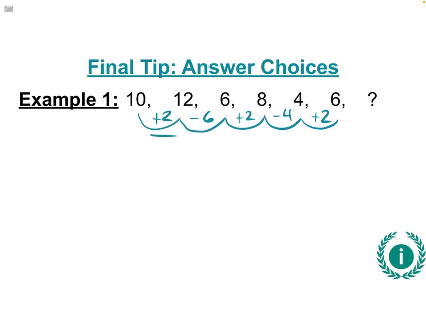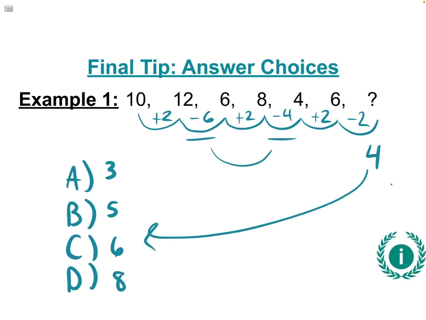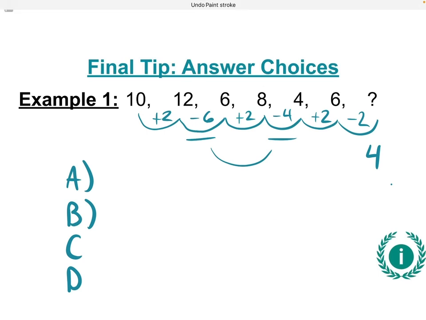We have +2, and then we have a gradual change. -6, decrease that by 2, -4. So we would likely decrease it by 2 again here, right? And that would give us the answer choice 4. But let's say our answer options are A, B, C, and D, and our answer choices are 3, 5, 6, and 8. This is an instance where if you look at your answer choice, you can see that 4 is not an option, so we need to reevaluate.